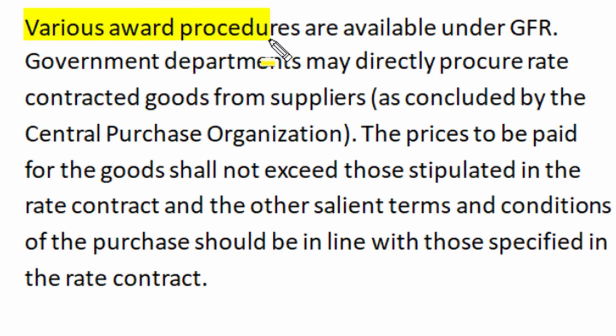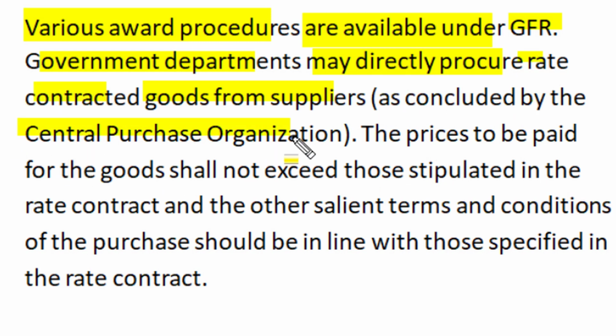Various award procedures or methods to prepare a purchase order are available under government finance rules. All government departments and offices may directly procure goods from suppliers which are on rate contract as concluded by the CPO, Central Purchase Organization.